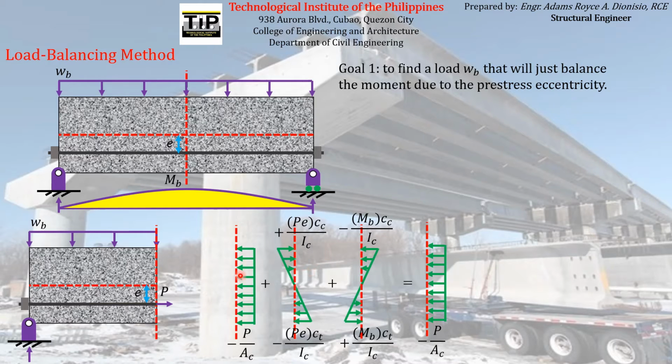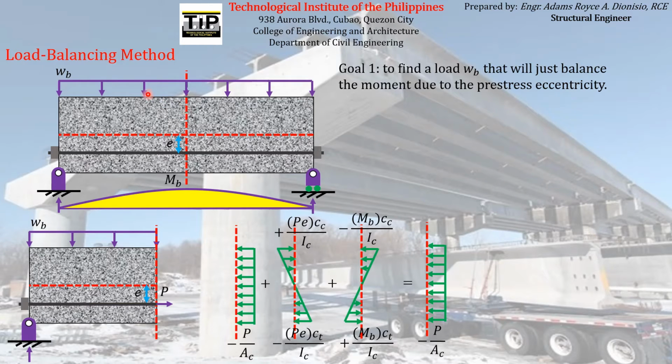Therefore, the sum of these stresses will just be coming from the axial stress, coming from the application of the pre-stressing force at midspan. So this is now the total stress acting at midspan if we impose a balanced load on the concrete element.